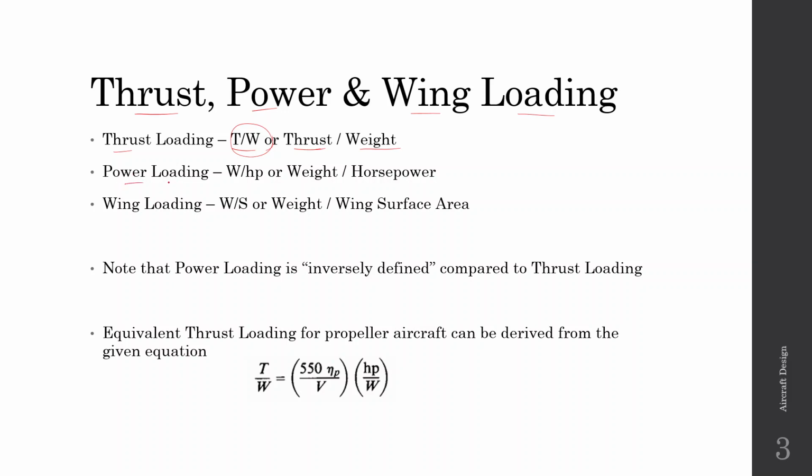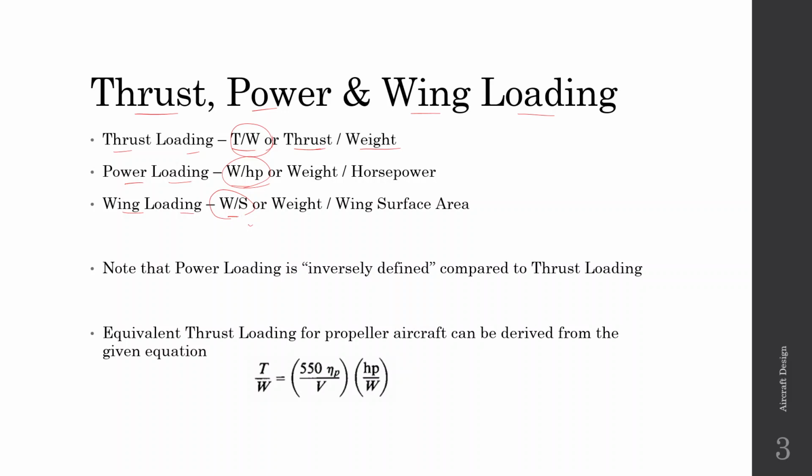Then you have power loading, which is similar to thrust loading, but meaning-wise it is opposite. It is weight by horsepower. Then you have wing loading, which is weight by the wing surface area. It indicates how big your wings are, because the wing loading ratio tells you how much surface area the weight is distributed over.